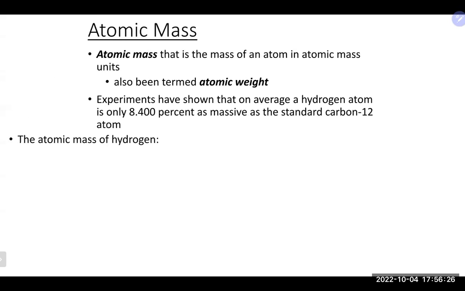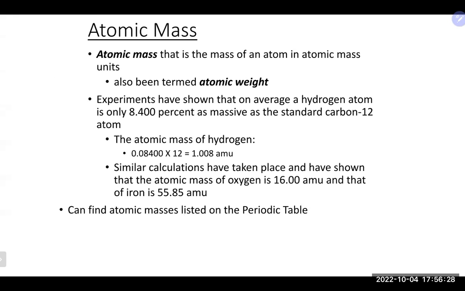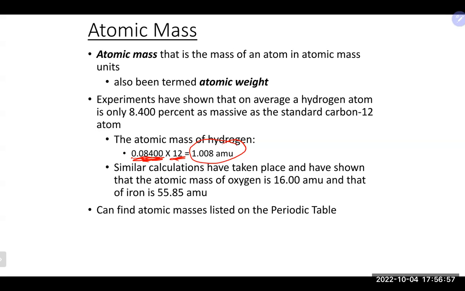So the atomic mass or atomic weight was found for most of the elements on the periodic table by doing experiments and finding, for example, that hydrogen is about 8.4% as big as the carbon-12 isotope. So they do a little math here. That's basically 8.4% times 12, which is the atomic mass of the carbon-12 isotope, gives us something like 1.008 AMU, which is the atomic mass that we use for hydrogen.